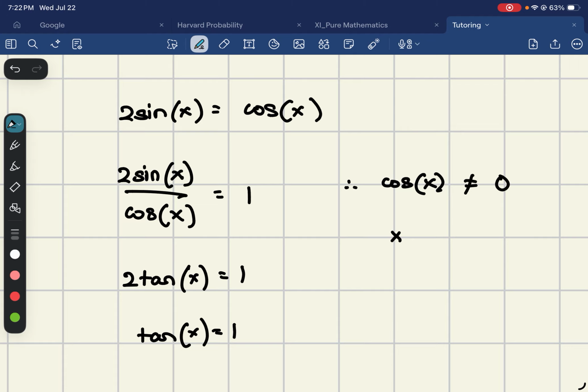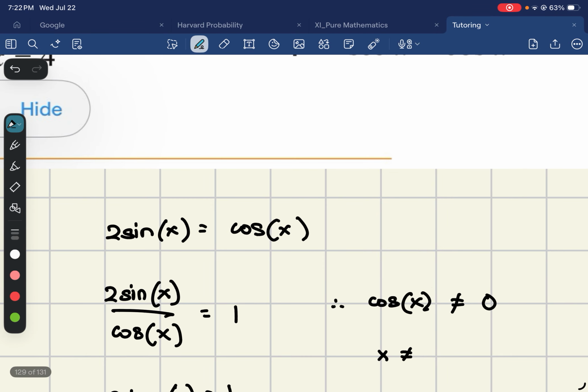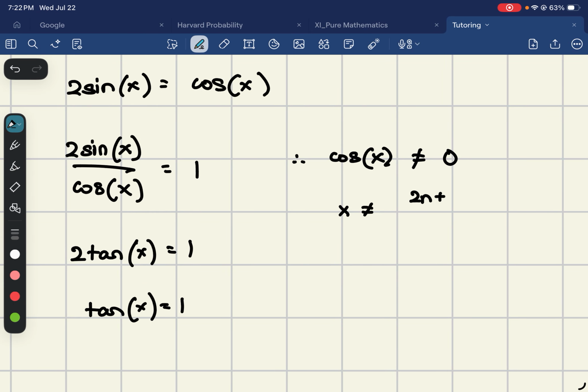And that means that x cannot be equal to, well, when is cos x 0? Well, cos x is 0 for pi over 2, for 3 pi over 2, for 5 pi over 2. So basically, it's (2n plus 1) pi over 2. Cosine is 0 at any odd multiple of pi over 2. If you take your calculator, cos 270 degrees, which is 3 pi over 2, gives you 0.